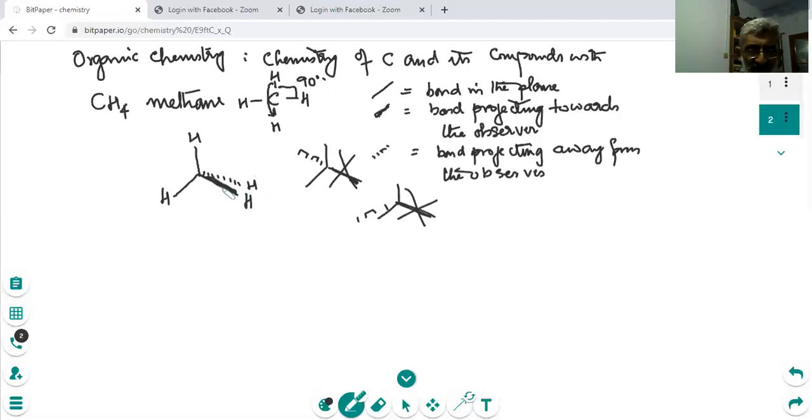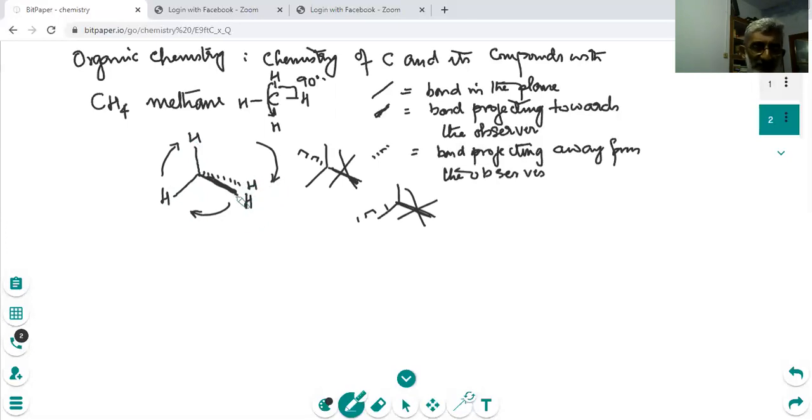That is, the wedge bond and dotted line should be one behind the other. If you want to draw it on this side or on the top, say for example, why don't you rotate this molecule 90-degree clockwise? The whole molecule you have to hold in your hand and rotate it clockwise.